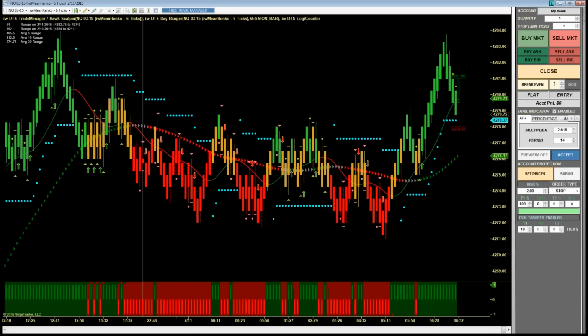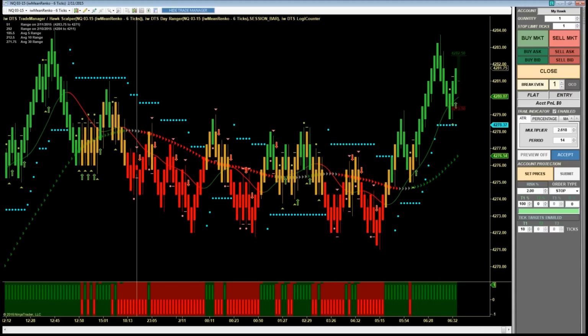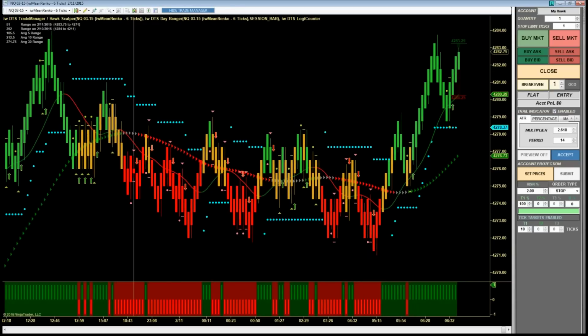All right, signals always develop the same way on our trading tools. This is the Hawk Micro Scalper. When the trade parameters are first being met, we get this warning dot and an audio alert. That draws our attention to this market.